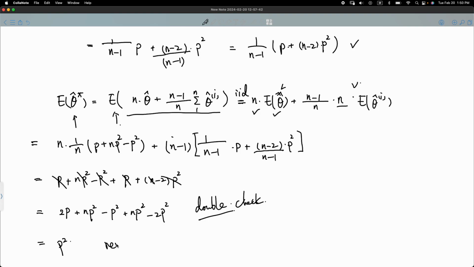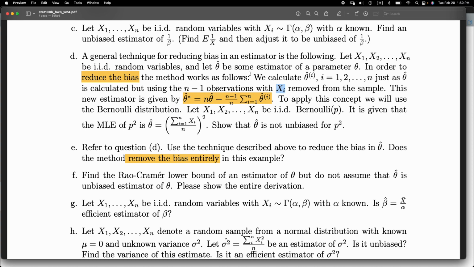So the answer is that you remove the bias completely. So you can see that when someone proposes this estimator, it is not an unbiased estimator, but using this particular method, it requires more computation, and then you are able to reduce the bias entirely.